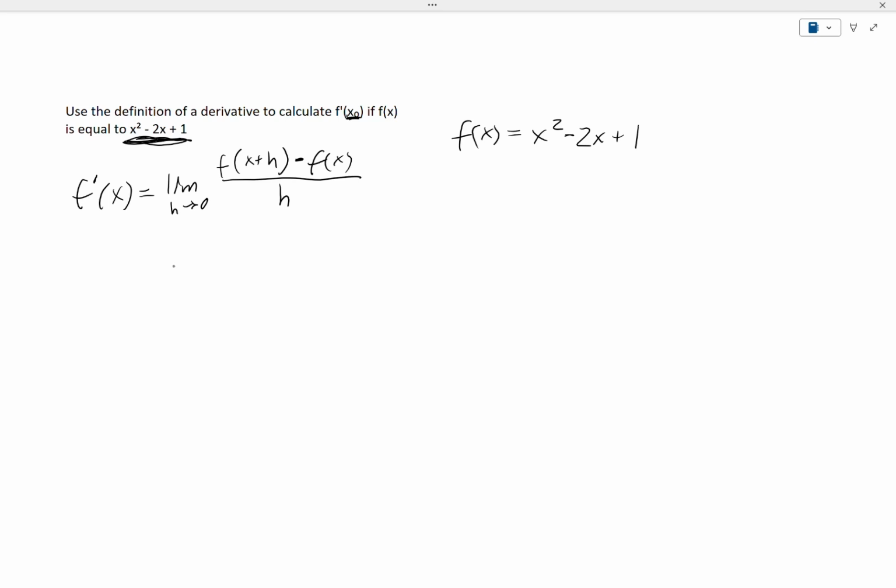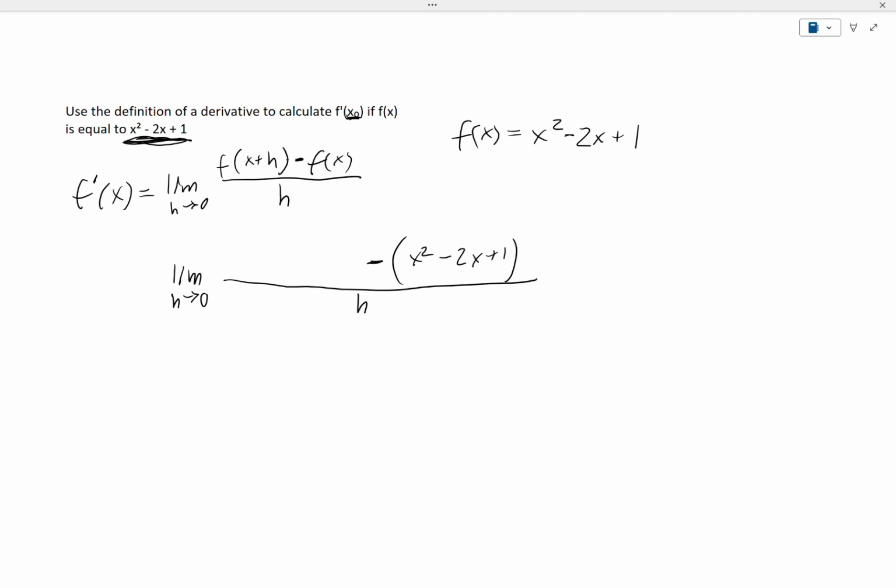So I'm going to write out this limit here, limit as h goes to 0. I'm going to just skip the beginning part here, just go to the end. I'm saying minus x squared minus 2x plus 1. All I did here was stick f of x into the equation where it's supposed to be. All this is going to be over h.